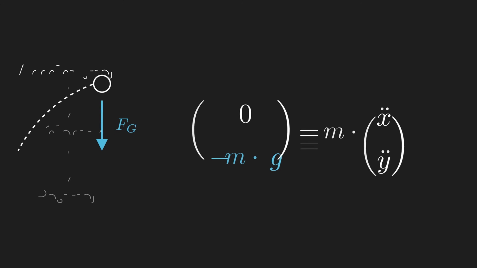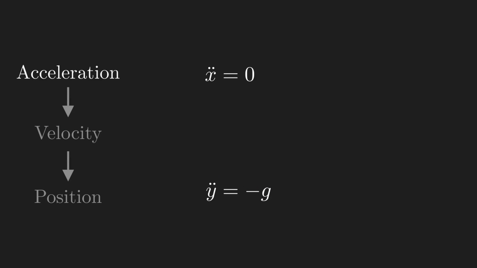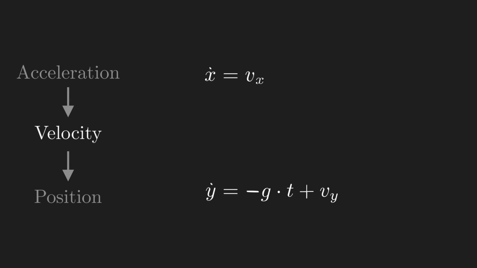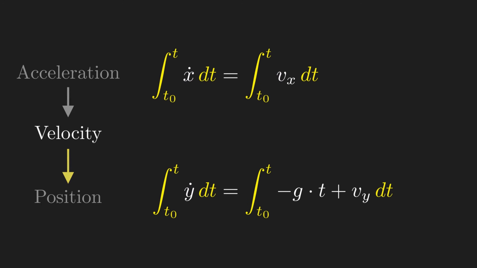But this is still just a formula for the acceleration. We want something for the position of the projectile. So we'll integrate both sides with respect to time and get a formula for the velocity. Here Vx and Vy are the initial velocities in the respective directions. If we integrate it again, we finally get something for the position.